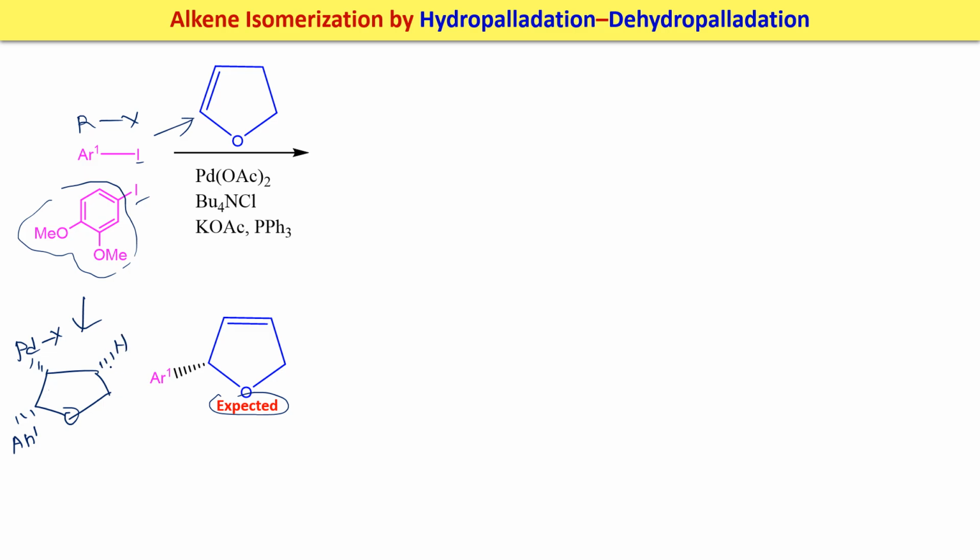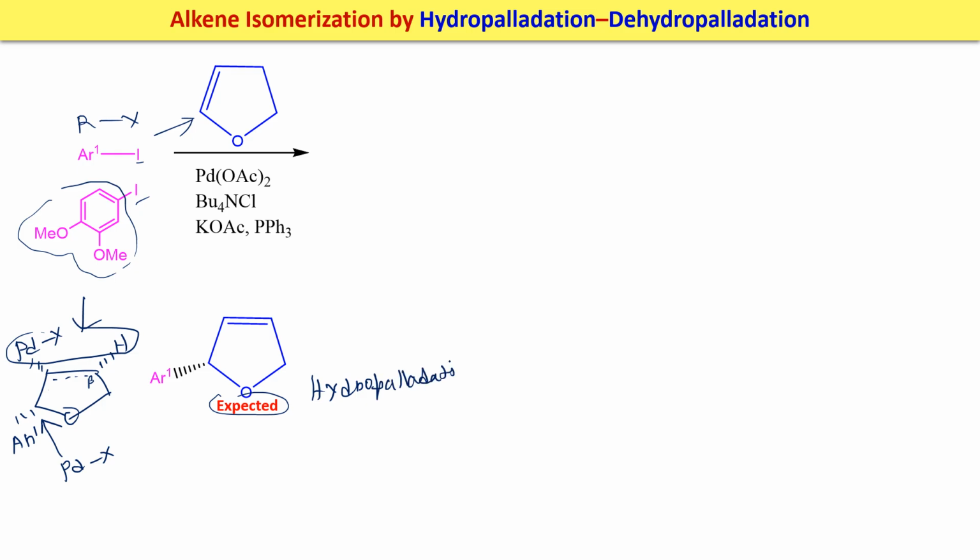So the beta hydrogen will be removed, so we will be getting a double bond here. If the opposite, that is regioselectivity, if you are considering, that is not possible, because if PdX is added here, it cannot get any same side hydrogen. That is why this is not possible and this is the expected product. But the reaction will not be stopped here. What is possible further is called hydropalladation.